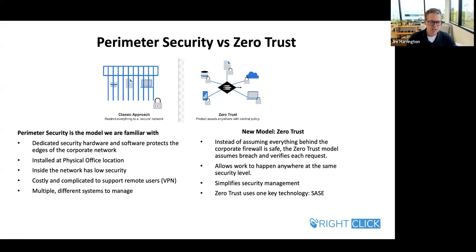You have strong edges, but then when you're inside, it's not as much security. Perimeter security in IT would have to do with a central office. There'd be some expensive equipment at the office, some firewalls, to make it difficult to get into the office remotely. But then once you're on that trusted computer, there's not a lot of security in there.